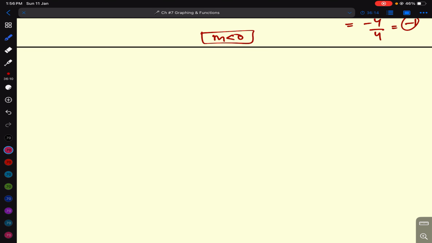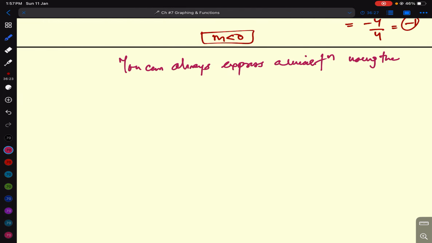You can always express a linear function using slope intercept form. It is very important.